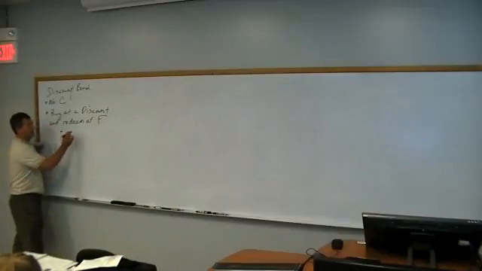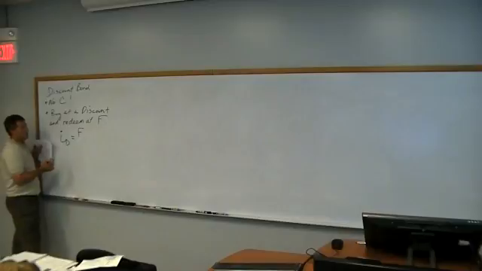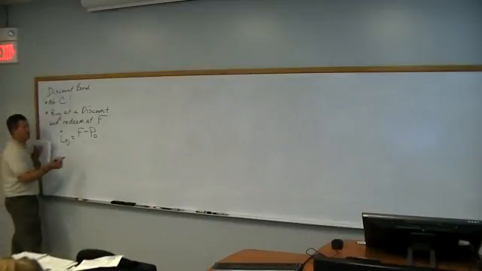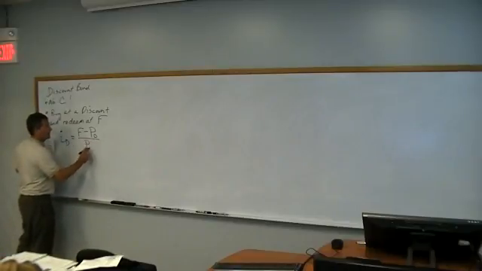So if we take the face value minus the price of the discount bond, let's call it PD, over the price of the discount bond.